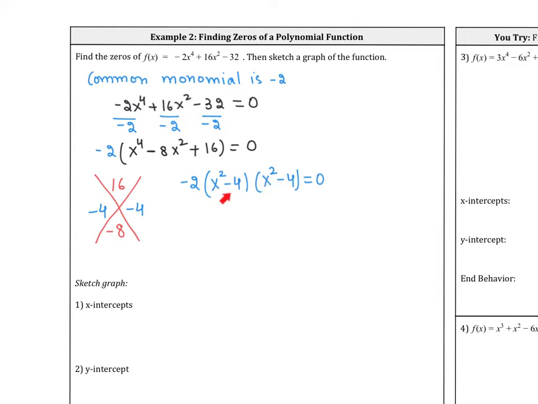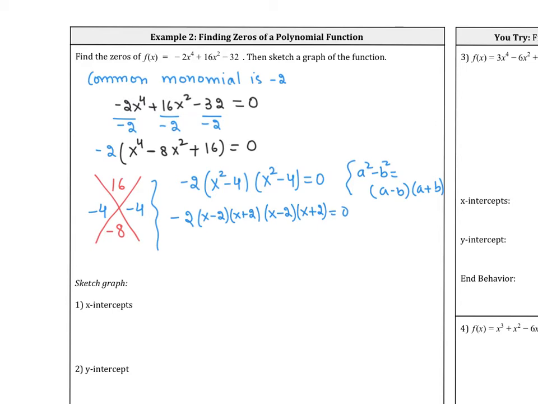Now we can break this factor down further by using the formula a squared minus b squared equals a minus b times a plus b. So the factors are x minus 2, x plus 2 and x minus 2, x plus 2.